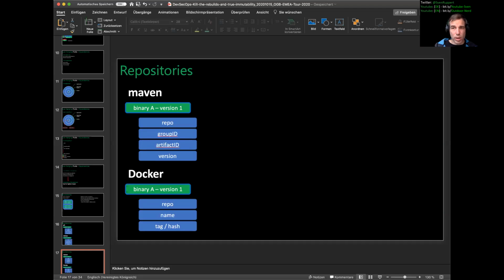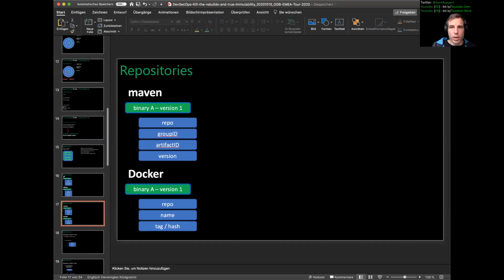It must be a virtual one that is aggregating stuff and so on. So it's not so easy. Docker, for example, is quite easy. It's just a repository name and a tag or hash or whatever. Then you can easily merge if you have no naming conflicts. So you have all this stuff managed in repositories, but they have different behavior in terms of addressing and the possibilities to aggregate repositories.